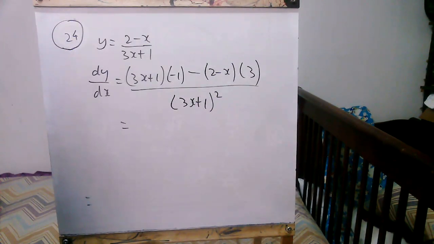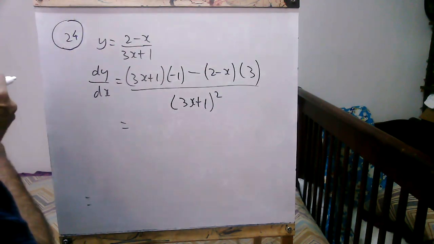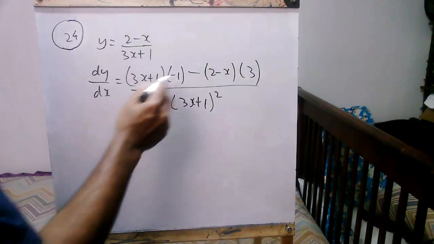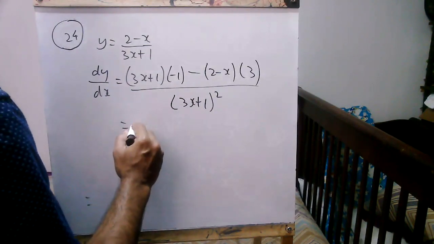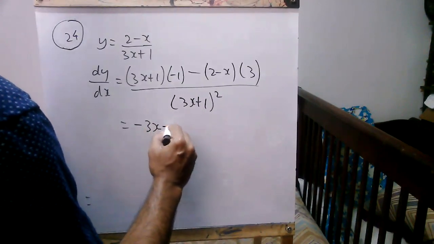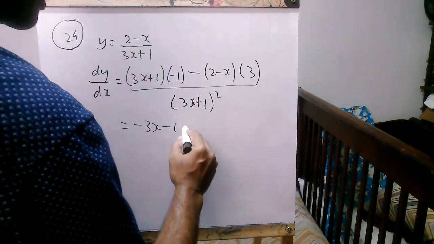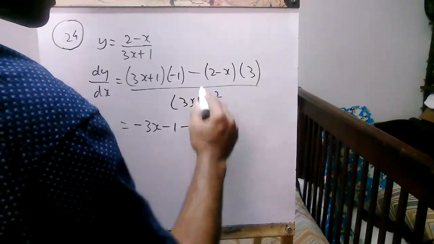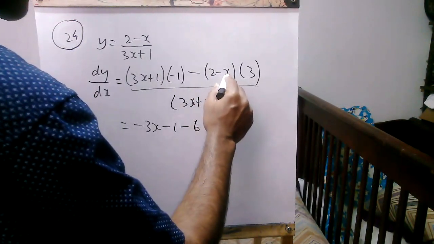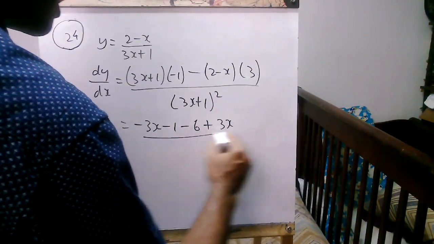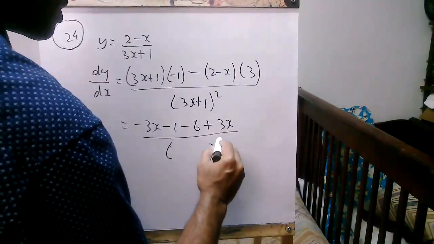Okay, simplify this. Right, now -3x minus 1, then multiply -2 times 3, which is -6, negative times negative is positive, x times 3 is 3x, divided by this thing square.